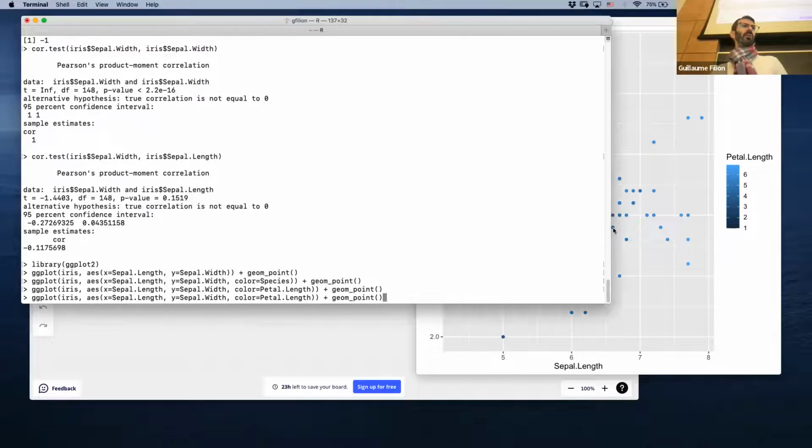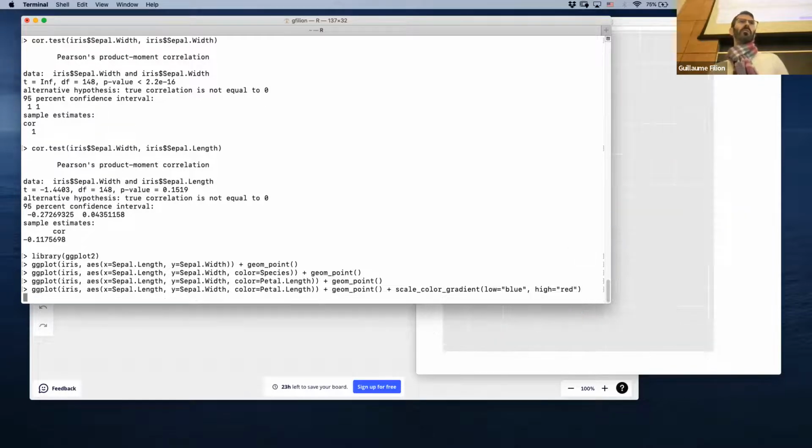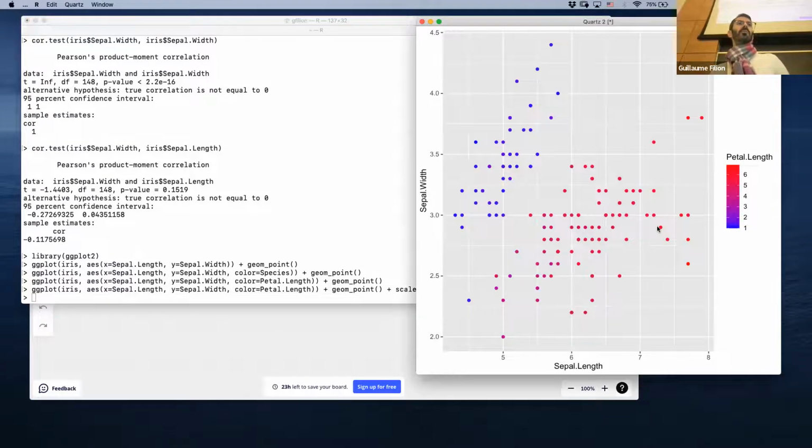As you remember, you have this ggplot and plus geom point, and then you can actually add other functions here, something like that. Scale color gradient is one possible way to add something. You say low is blue, high is red. So you're changing the color gradient here to suit your needs or your aesthetic taste, right?